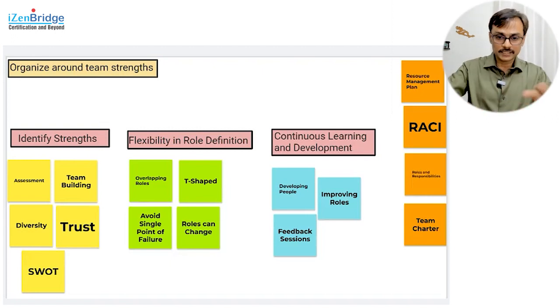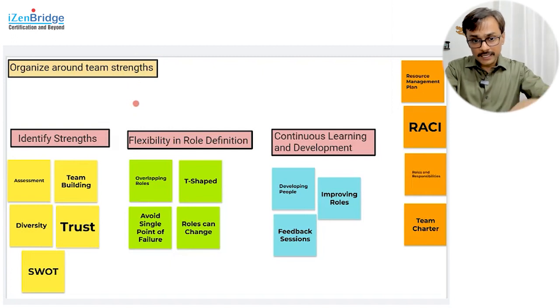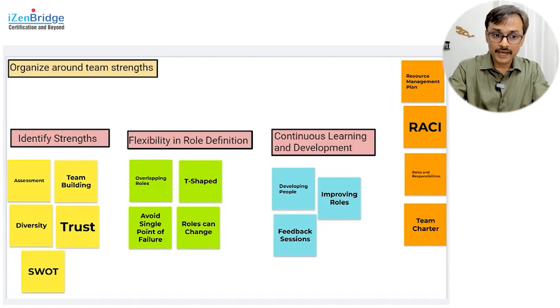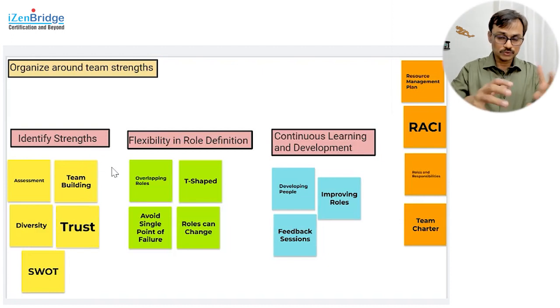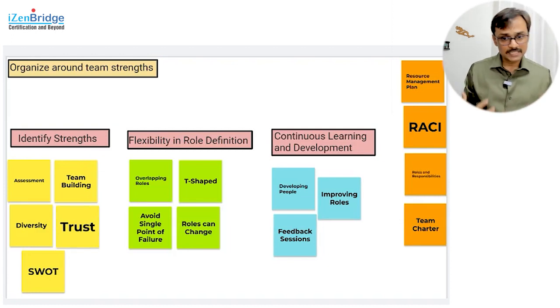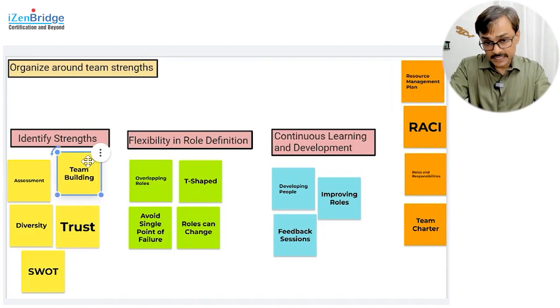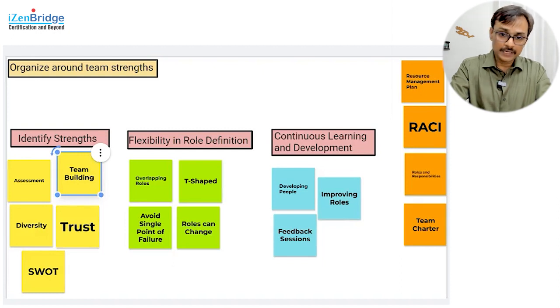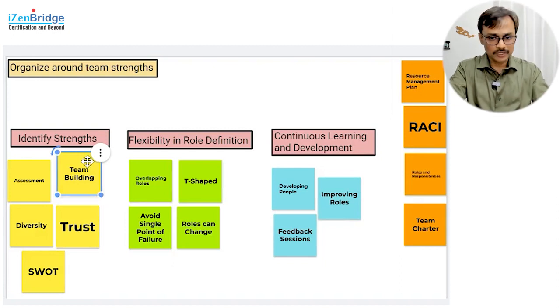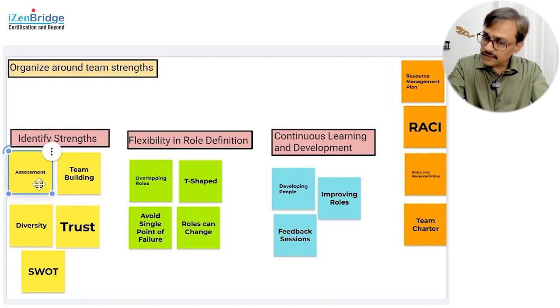Now, how do I do that? So I can say in order to organize around team strength, I need to first identify the strength. So yes, we need to do some kind of activities as a project manager so that people can identify each other's strength. I can facilitate some team building activities so that people have a good introduction in the beginning of the project or whenever new people are coming in. We can do a formal or informal assessment.